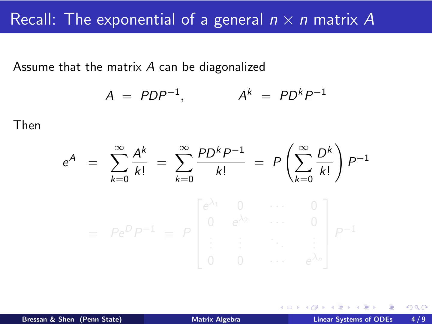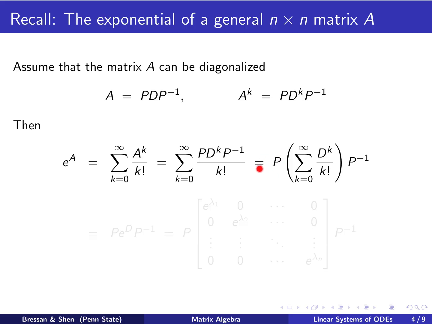Using this, we can write out the exponential of the matrix A. By the Taylor series, it's the summation of this Taylor series expression. Where we have A to the k, we put in this expression here. Then we can take all the terms that don't have anything to do with the index outside the summation sign.